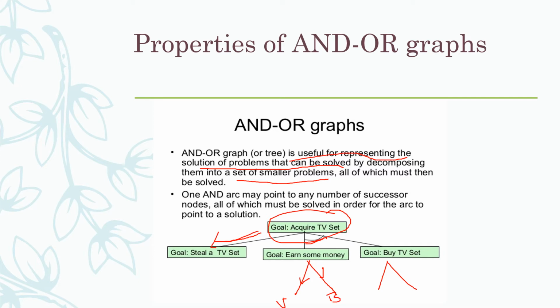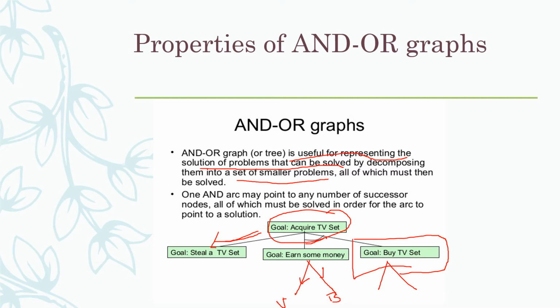So in this way we can create some other successors from these subgoals. So these are considered as subgoals, and this is the main goal. And in this way we can produce successors and decompose the problem.